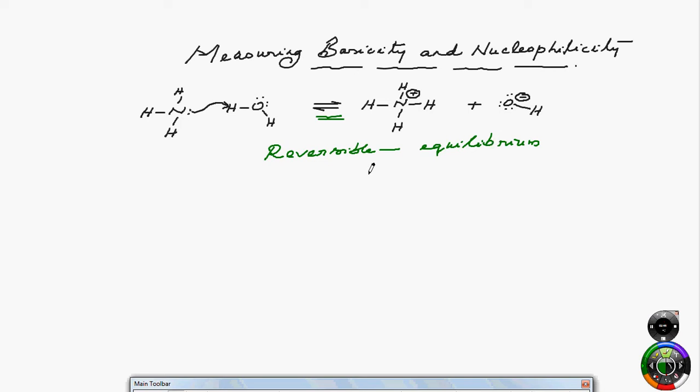So let's see how the pK values tell us about the basicity of a species. The pK value of H2O is 15, and that of NH4 plus, the pKa value is 10.